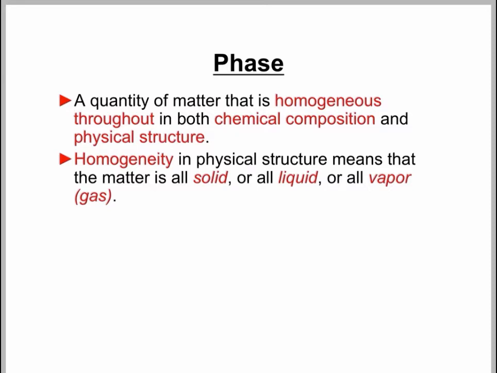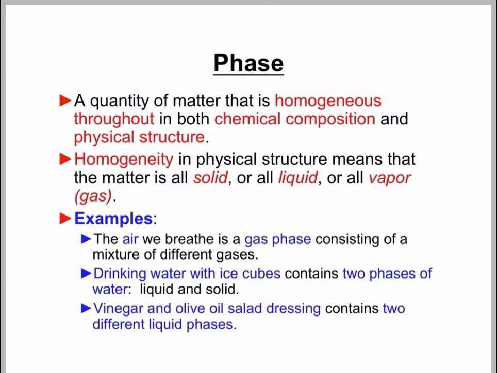So the homogeneity of a physical structure really means that you are all solid, such as ice, or liquid, such as liquid water, or vapor, such as steam. So in the examples provided by your book, air is generally always in a gas phase, and we can go ahead and say that air is homogeneous.